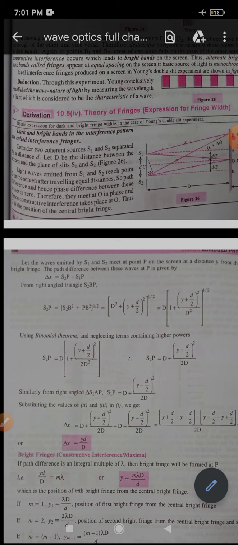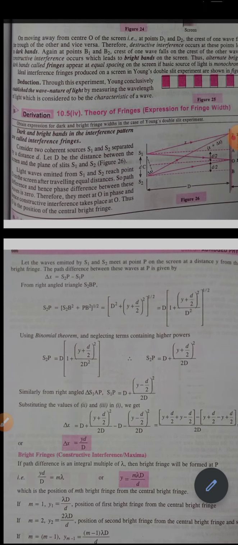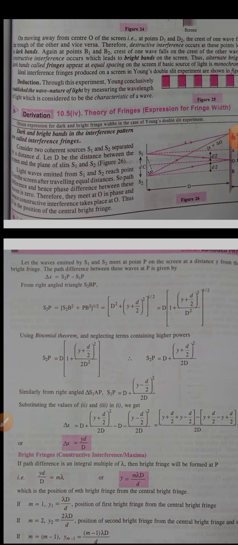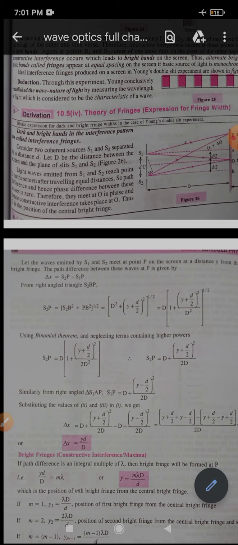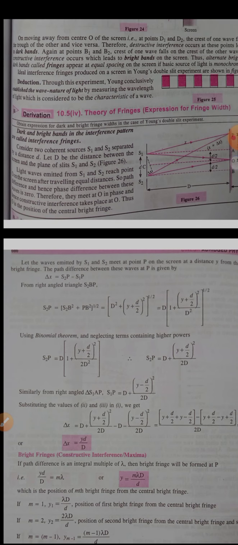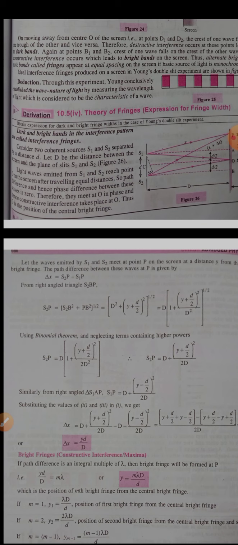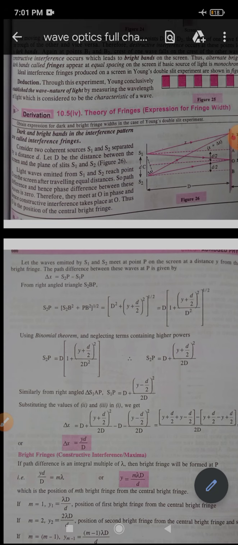Next, the light waves emitted from S1 and S2 reach the point O on the screen after traveling an equal distance. From S1 and S2 there is the same distance to the point O, so they travel equal distances to meet at O. So the path difference and the phase difference between these two waves is 0.